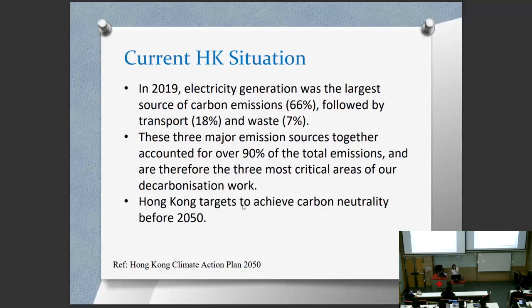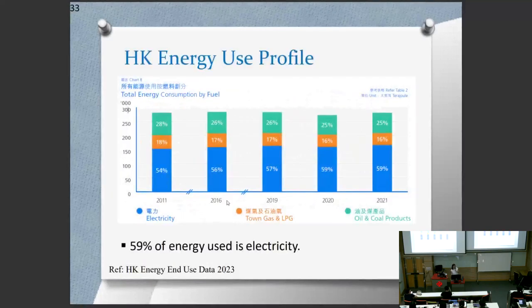And you may know that Hong Kong targets to achieve carbon neutrality before 2050. Some statistics are extracted from the Energy End Use Data 2023.